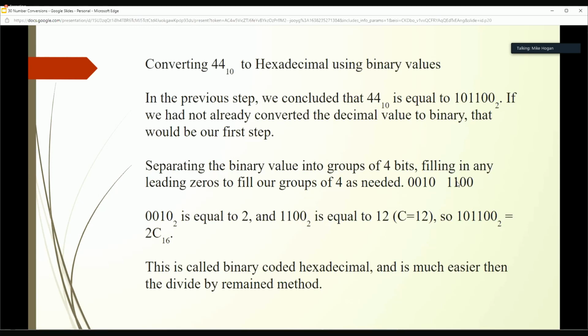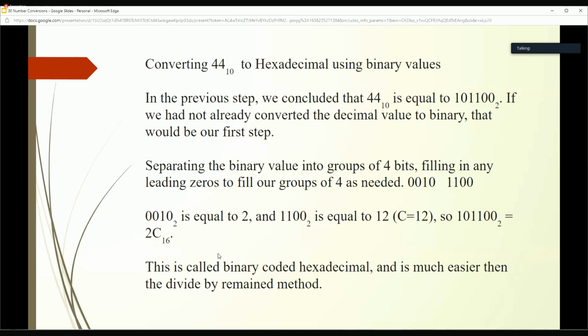We know 9 is 9, 10 is A, 11 is B, so C is 12, right? So we got to write a C. And then what's this? 0010. 2, right? So our number is 2C. Base 16, hexadecimal, 2C.